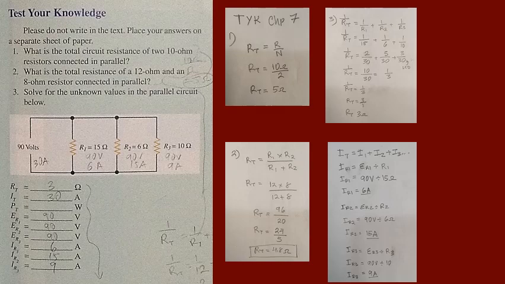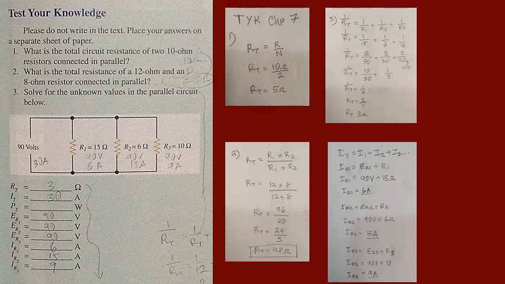Remember, it could be more than 2, but in this case there are two 10 ohm resistors. So resistance total equals R divided by N. So we have 10 ohms divided by 2 equals 5 ohms. Resistance total equals 5 ohms.